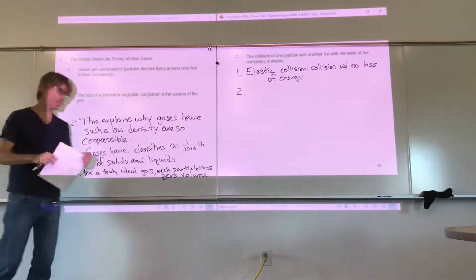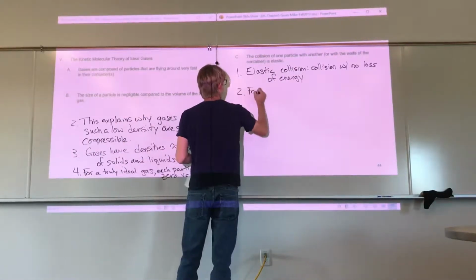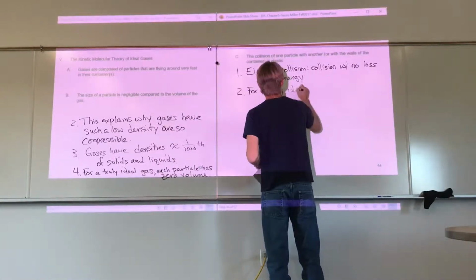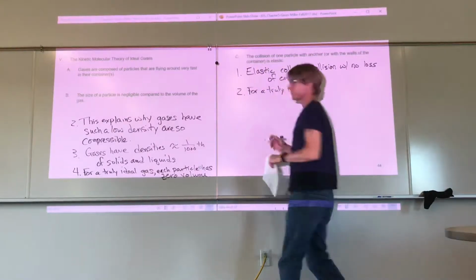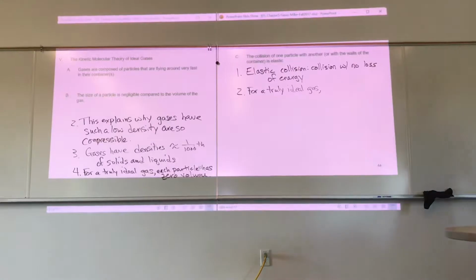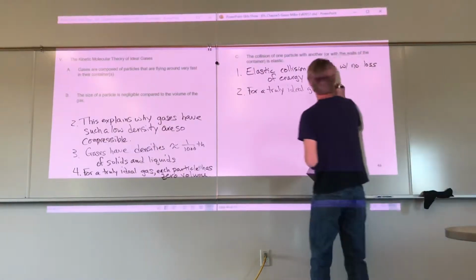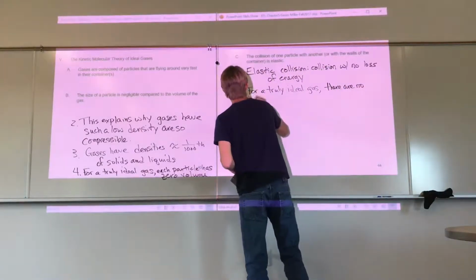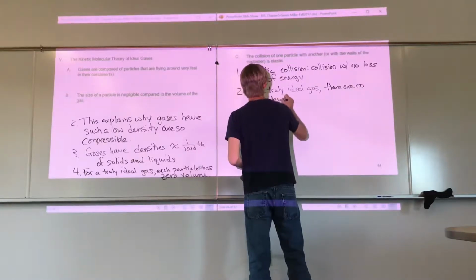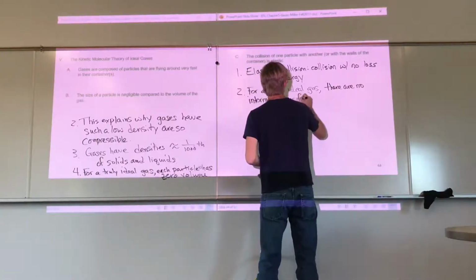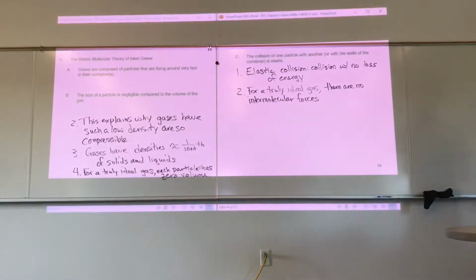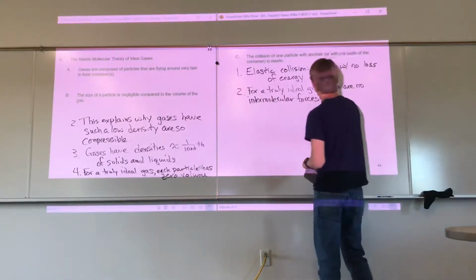For a truly ideal gas, there are no intermolecular forces. Intermolecular forces, abbreviation, we won't study this until chapter 11, but the abbreviation is capital IMF.